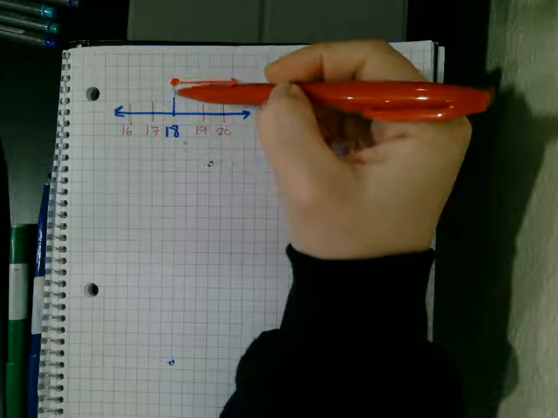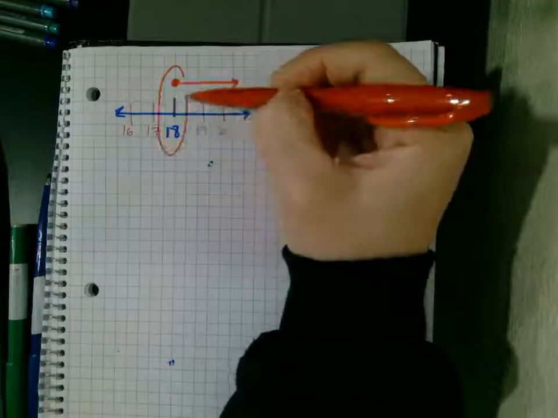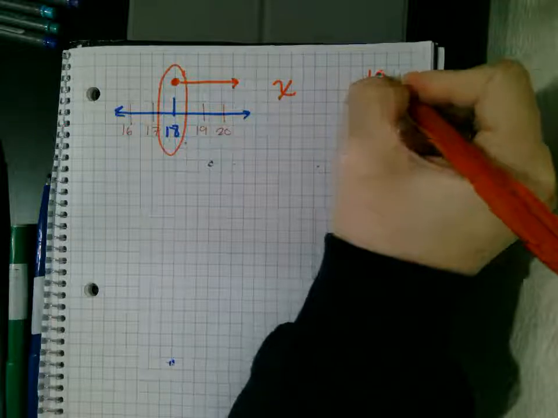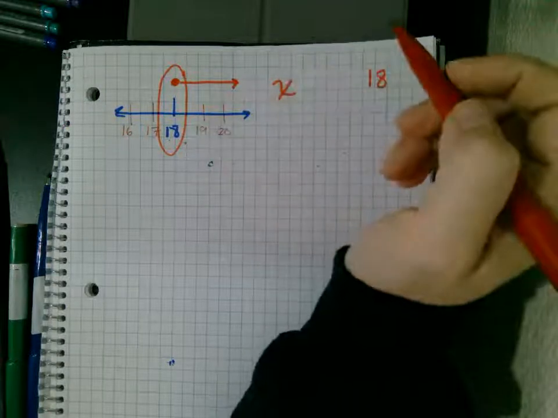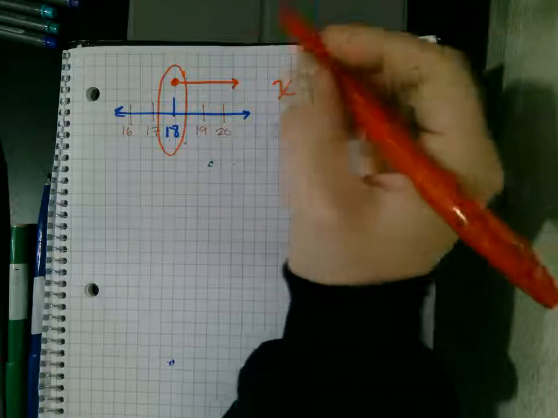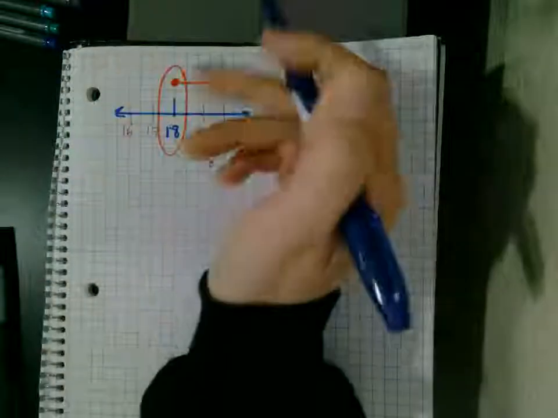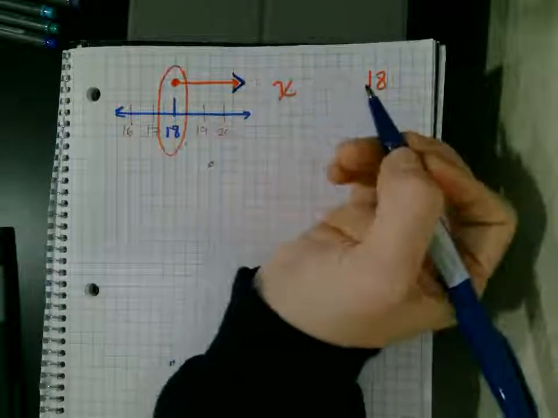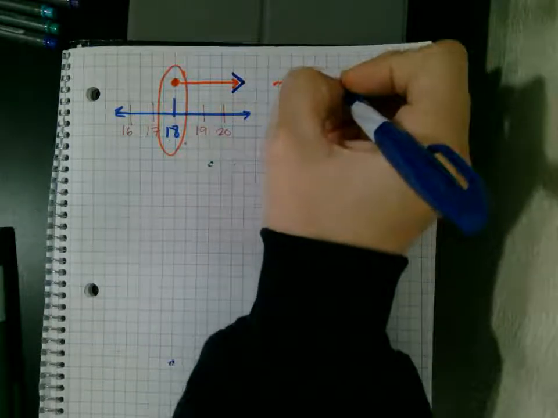Where is the circle? The circle is on the number 18, so that's the number I'm going to use. Now I'm going to see where my inequality points to. Oh, it's pointing to the right. Look at me, I'm just tracing it over. That is my inequality right there.